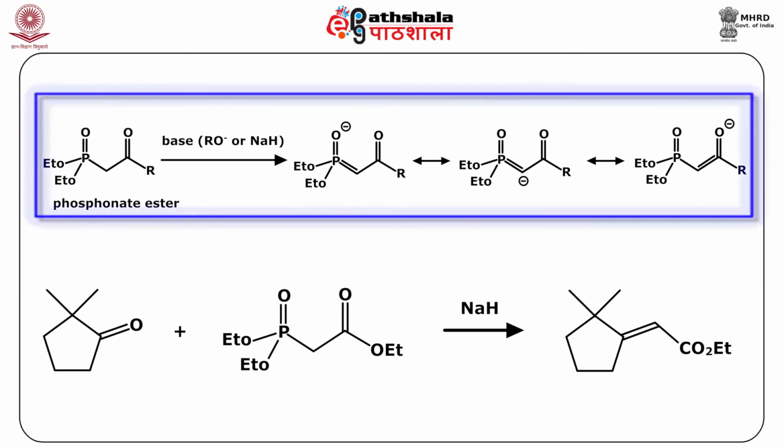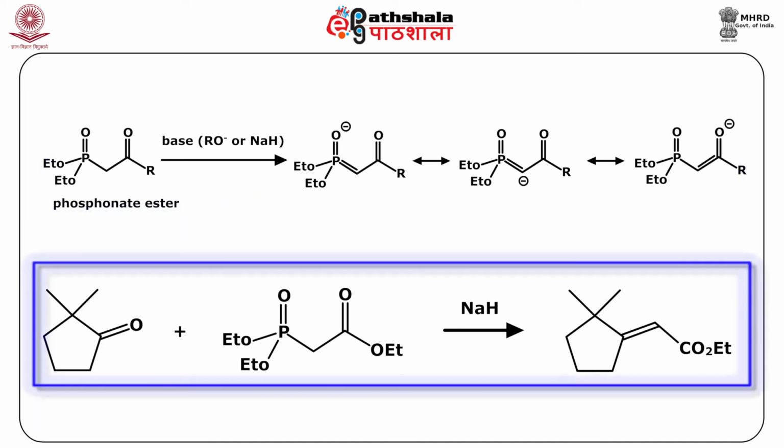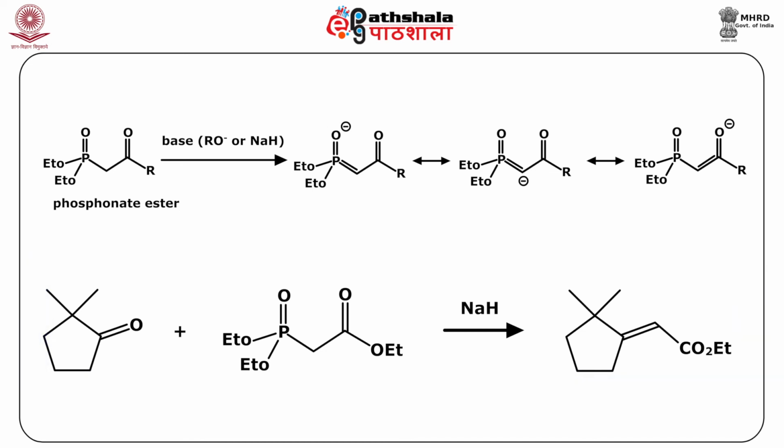So, this will be acting as the ylide then, and with this particular carbonyl compound, a substituted cyclopentanone, when this is reacted with this particular phosphonate ester in the presence of sodium hydride, then the combination of these molecules happens so that we get this particular alkene at this particular position.